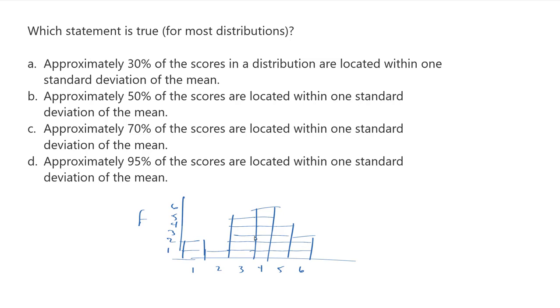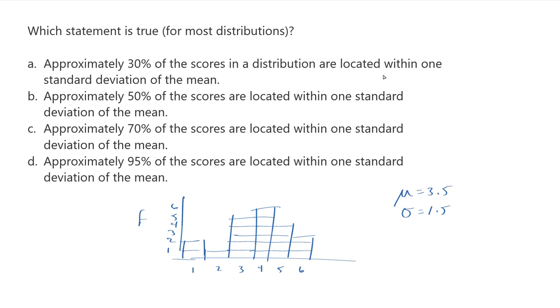So what I'm trying to show here is, and I'm not going to do the math so exactly here, let's just pretend that the average is 3.5. So let's say my average is 3.5 and my standard deviation is around, I don't know, 1.5.